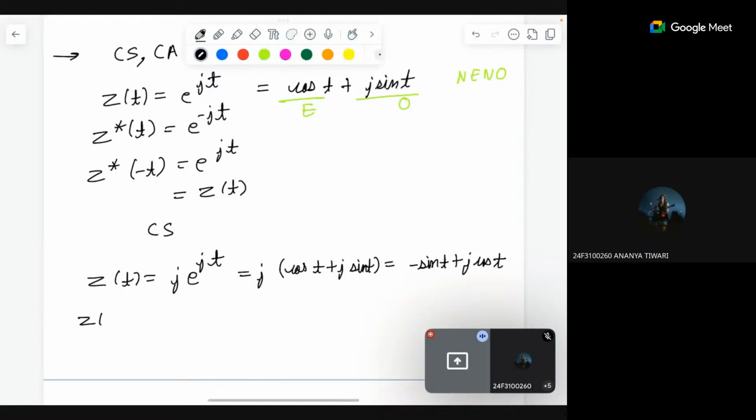Yes, anyone wants to answer? Symmetric. No, it's asymmetric. So let us do it.